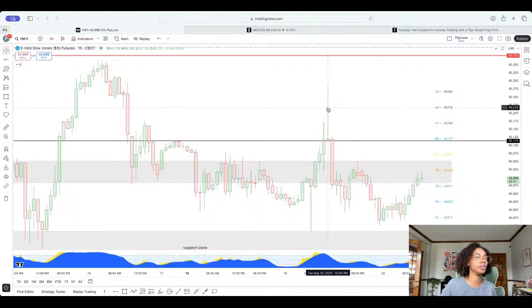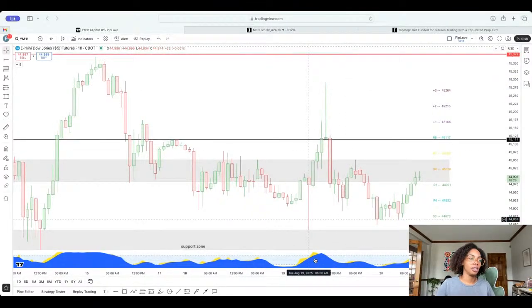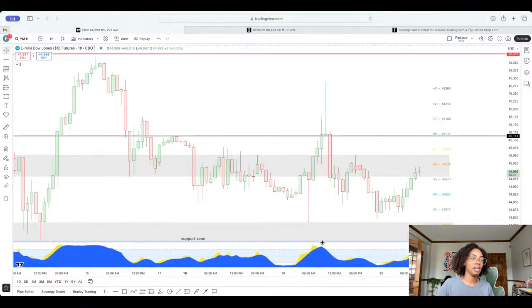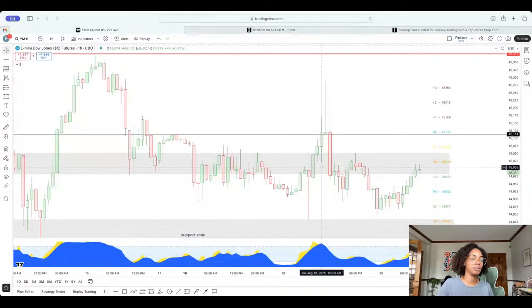But this candle, imagine people who got in around this area thinking that the market was going to continue to buy. This is when our RSI would definitely come into play, because we would have known we're overbought here and need to be very cautious. Also, we're near the R8. If the market is still buying, cool, but let me secure my profits.